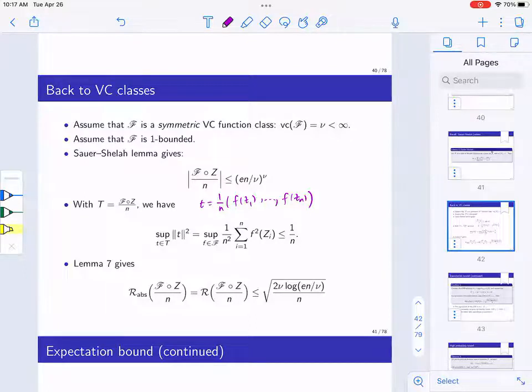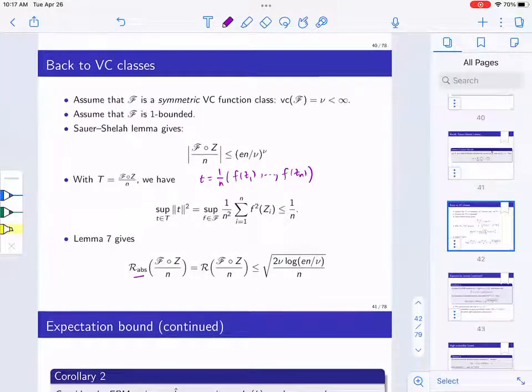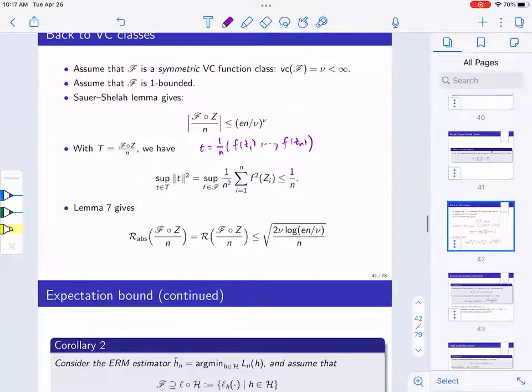Because we are symmetric, the absolute value here is the same as the usual Rademacher complexity. And so this would be bounded by root 2 times the supremum, which is 1 over n, right?